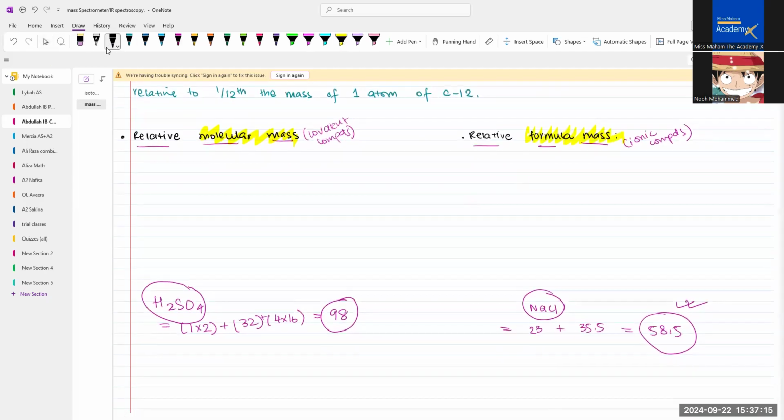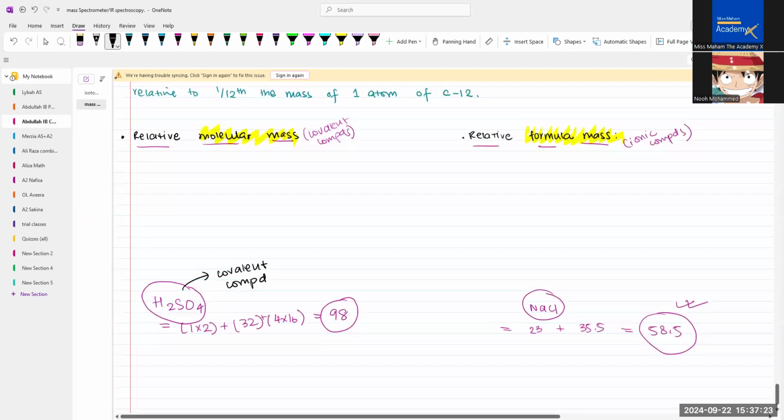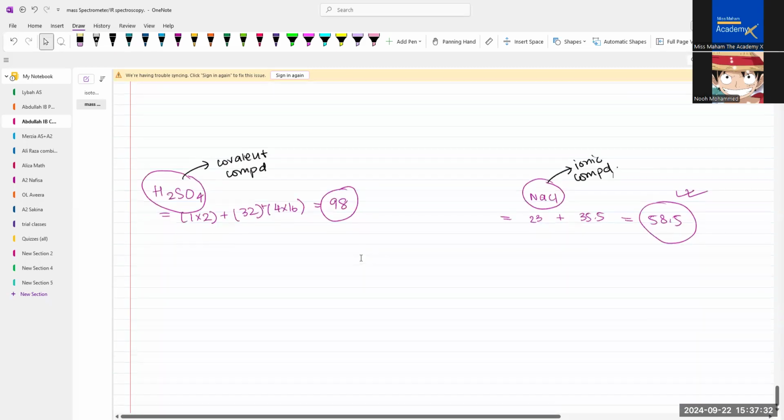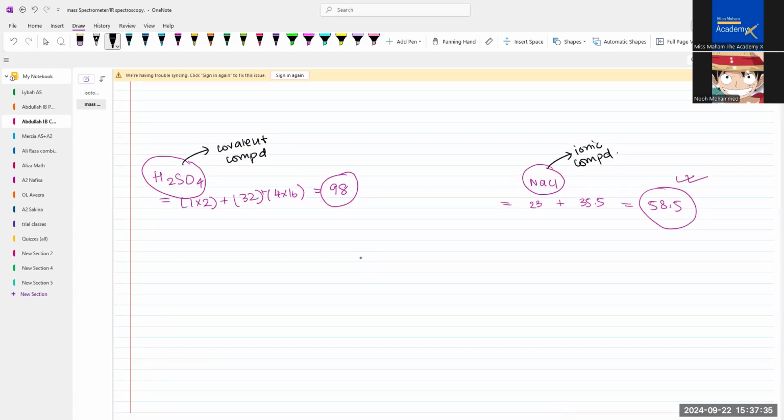Okay. Look, H2SO4 is a covalent compound, right? And NaCl is an ionic compound. So if I say calculate the mass of H2SO4 and NaCl, you're going to calculate it the same way. For both of these, you take atomic masses from the periodic table and add all of them together. That's what I did: I calculated the total mass of each molecule.